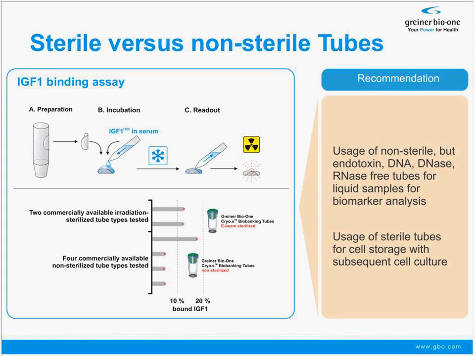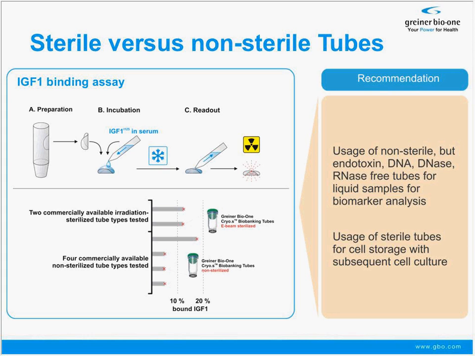In order to understand if such unintended biomarker adsorption occurs, we have developed the following assay, shown in the picture under A, B, and C. The assay works in the following way. Tubes from different suppliers were taken.